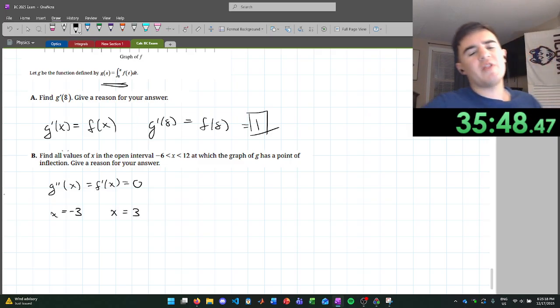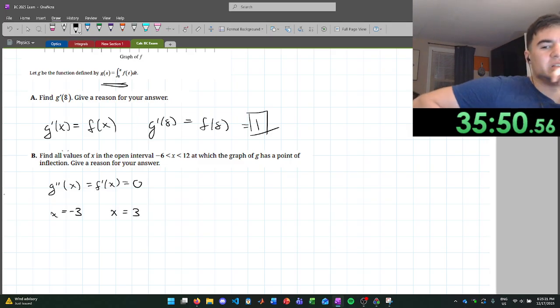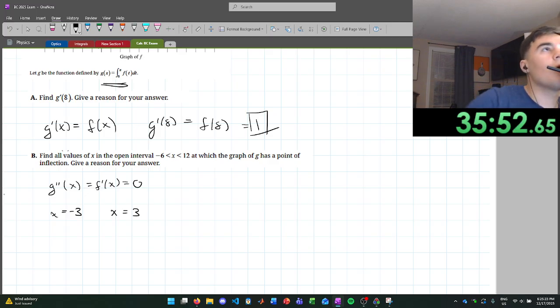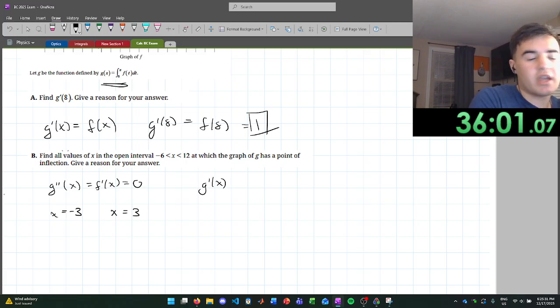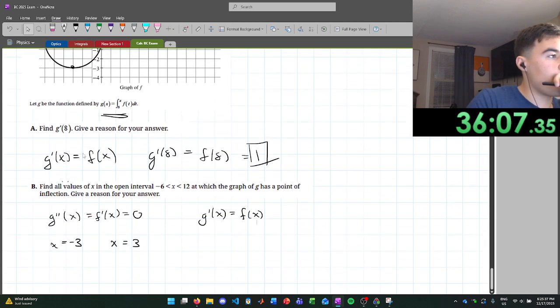I think also a point of inflection has to switch from positive to negative acceleration. It needs to switch derivatives. So we'd also want to see that g prime of x switches from positive to negative. Hold on a sec.